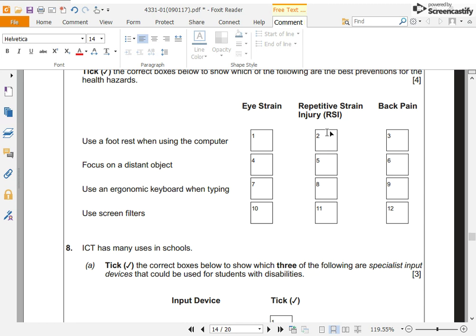It's going to, or repetitive strain injury, which is basically typing all the time, using the same movement all the time, and you get bad hands, or texting all the time, and you get bad hands. So footrest would help you with your back. Okay. Focus on a distance object is obviously eye. Use an ergonomic keyboard, be the typing injury, and screen filters would be your eye strain.